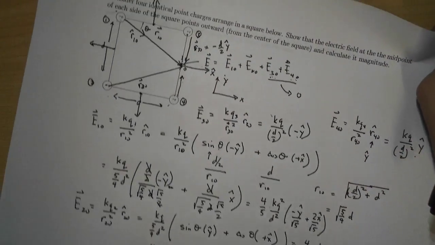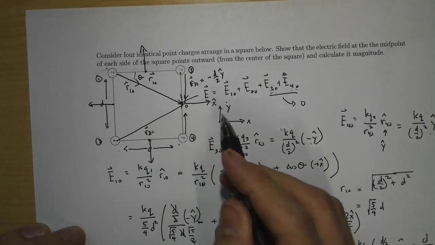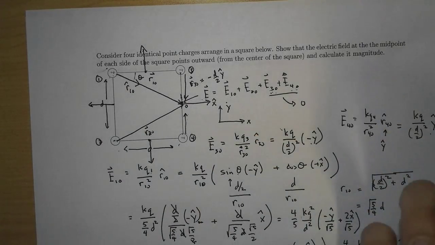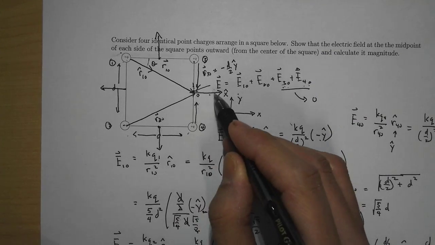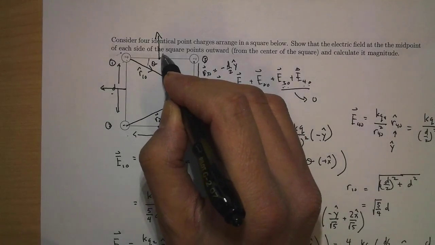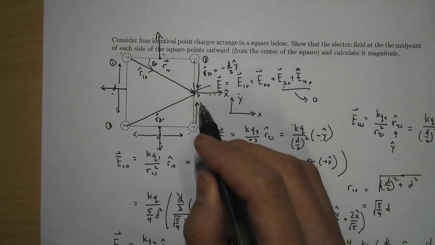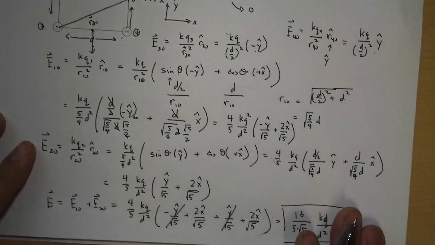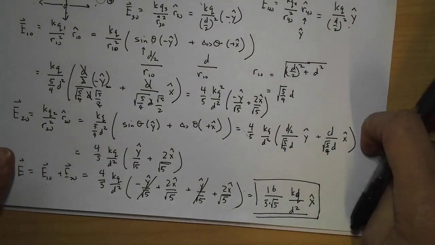At the end of the day, because it's a symmetrical problem, you only need to do it once. I calculated it here by argument of symmetry. This is the same vector in this direction, and so on for the others. So basically the electric field at the midpoint of each square side points outward, and we have the magnitude of the electric field. Okay, I hope that was helpful.